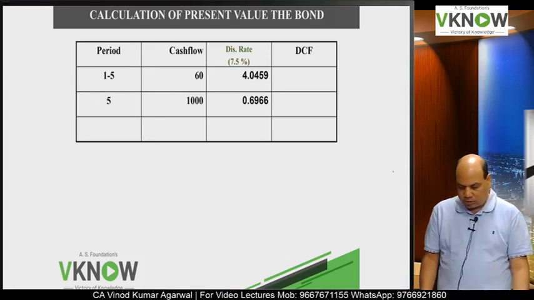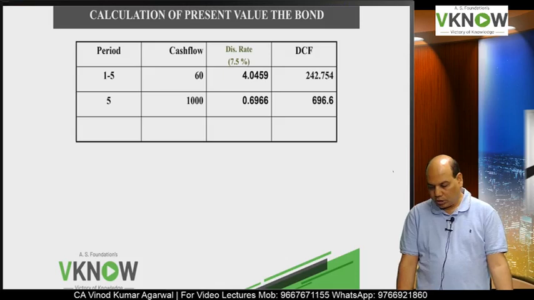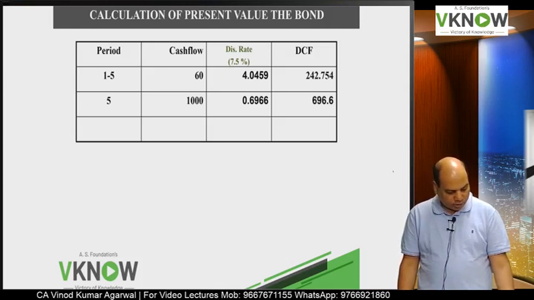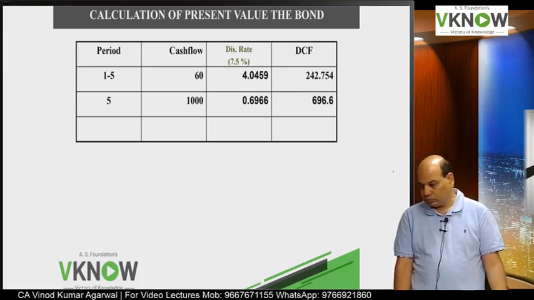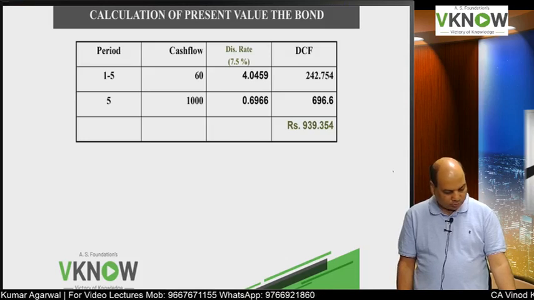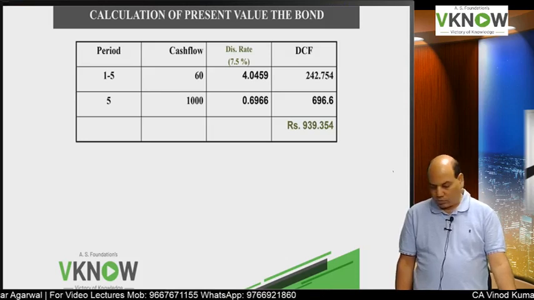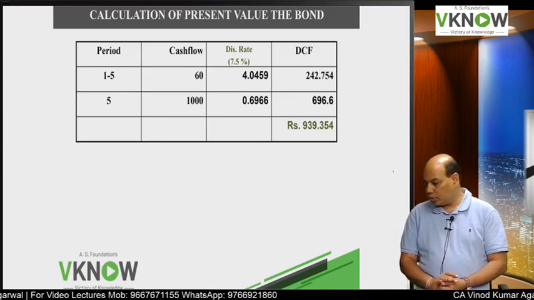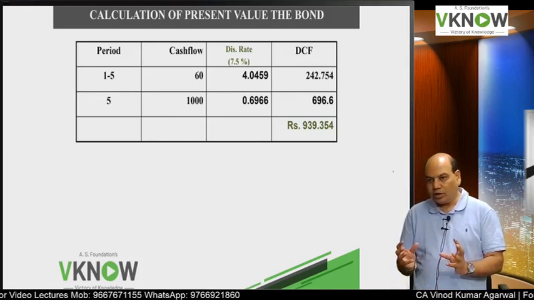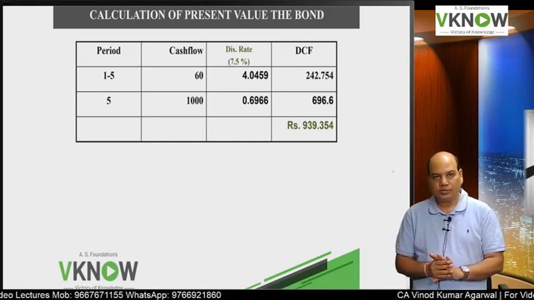Then multiply and take the total. How much is the answer? Yes, anybody, how much is the answer? 939.30. Very good, amazing. And you will find there is a difference in the two answers.